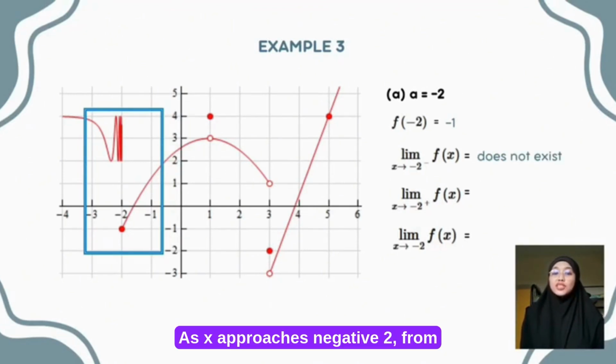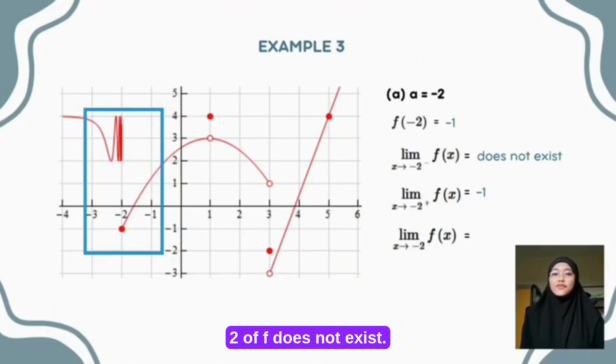As x approaches negative 2 from the right, the graph approaches negative 1. So the limit as x approaches negative 2 from the right of f(x) equals negative 1. Since the left and right limits are not the same, the limit as x approaches negative 2 of f(x) does not exist.